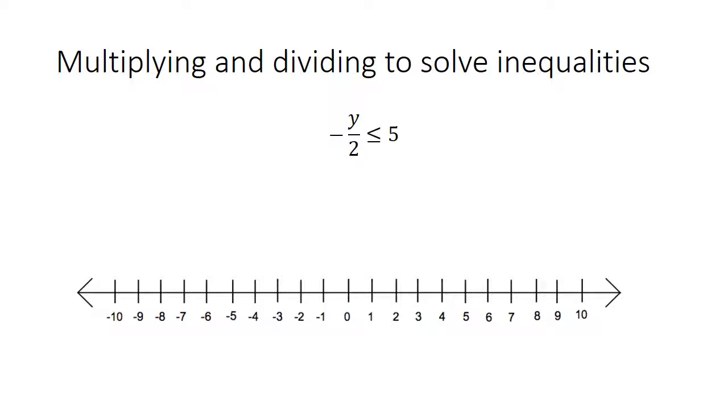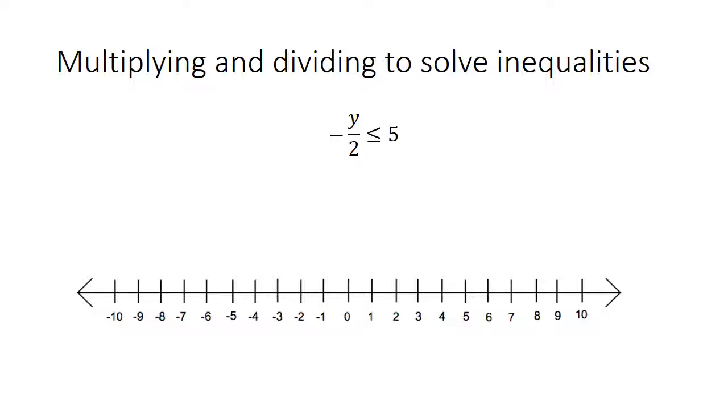All right, we're going to try this one. To get our y alone, we're going to need to get rid of this 2. And even though the negative is out in front right here, let's say, because our y needs to be positive, if we just multiplied by 2, we would still have a negative, and we'd have to get rid of that negative.